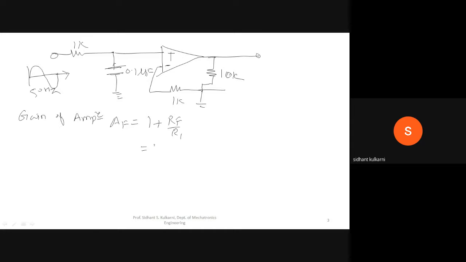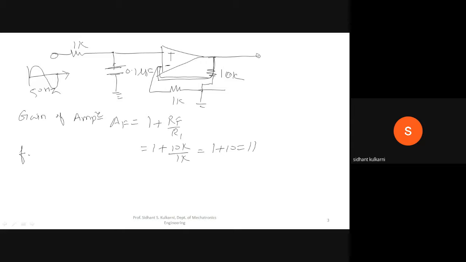RF is 10K, R1 is 1K, therefore it is 1 plus 10, so gain is 11. If you consider it as 1, it would be directly connected without any resistance, but here two resistances are connected, so gain will not be equal to 1.